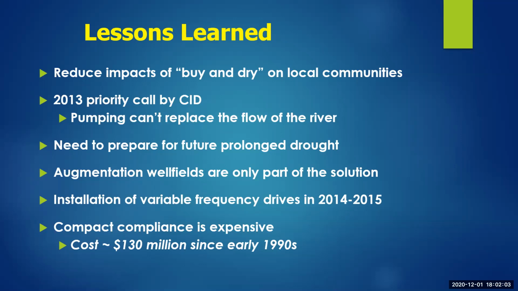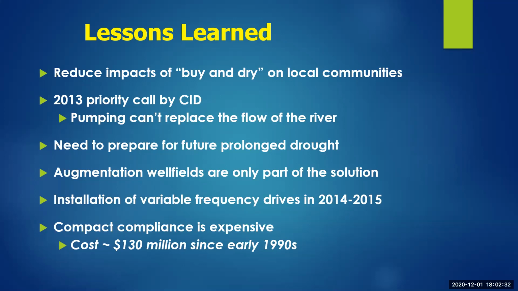Also, the settlement wasn't successful in preventing a priority call in 2013. CID called for priority. So one of the things that we've learned is certainly these well fields can't replace the flow of a river. If it's a very dry year, it's incredibly challenging to get enough water to CID. And that's where we are today. So I think there's a real need for us all to think through creative solutions to prepare for future prolonged drought.